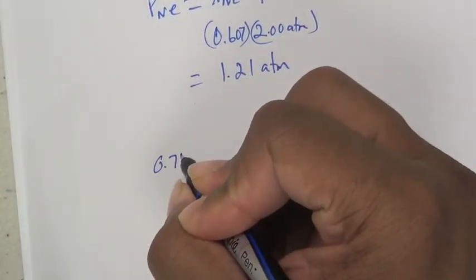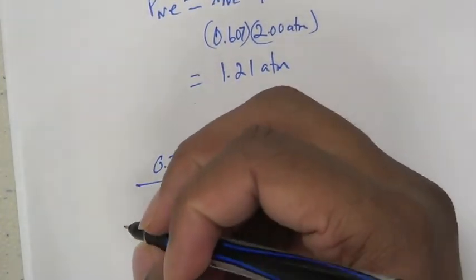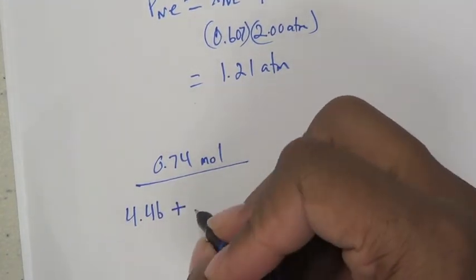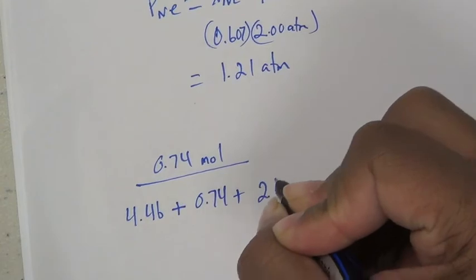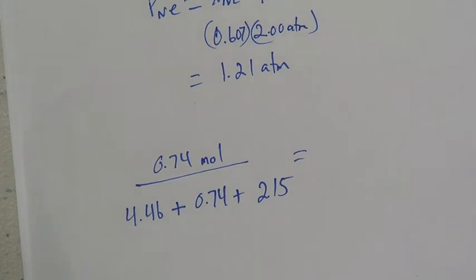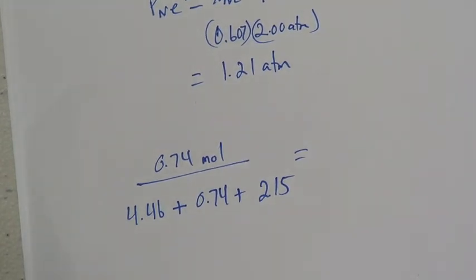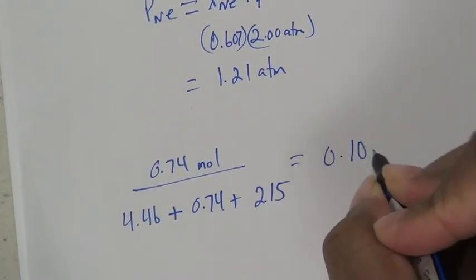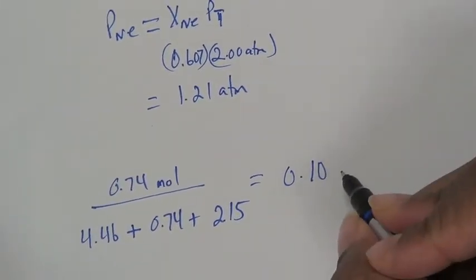The mole fraction is 0.74 mole over 4.46 plus 0.74 plus 2.15. Right? And that'll give us 0.10.